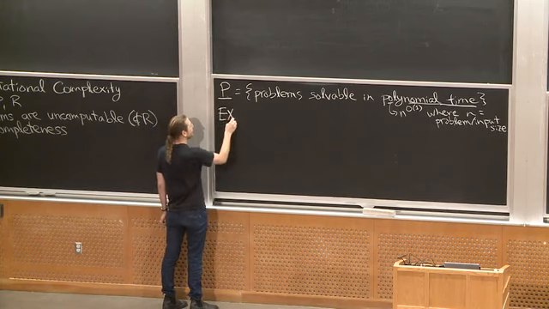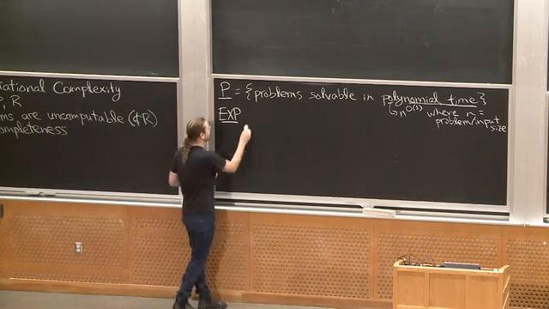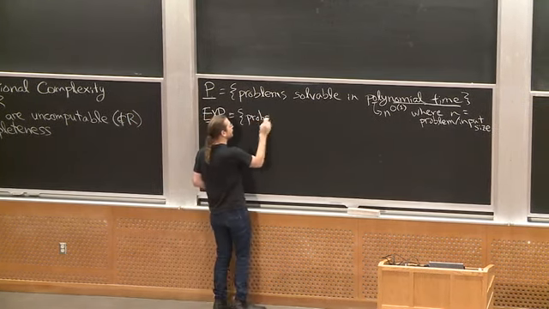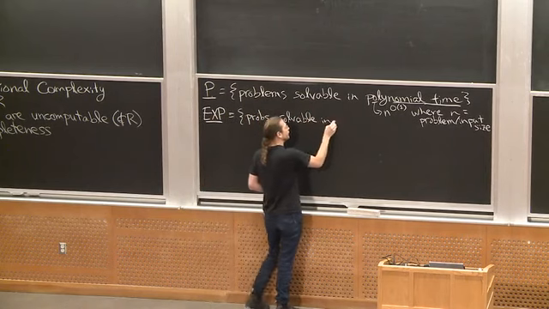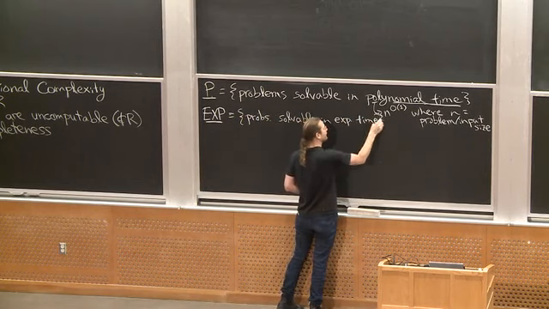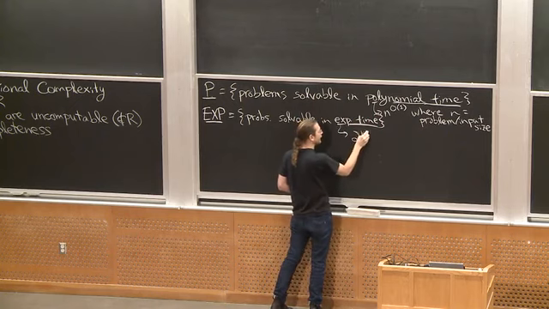And for contrast, EXP is the set of all problems solvable in exponential time. Exponential here means something like 2 to the n to the constant.